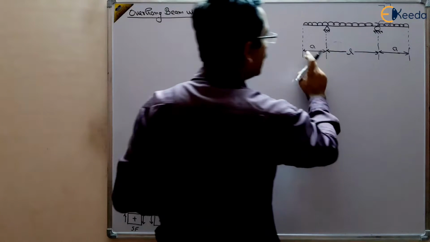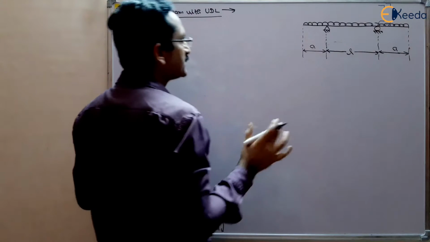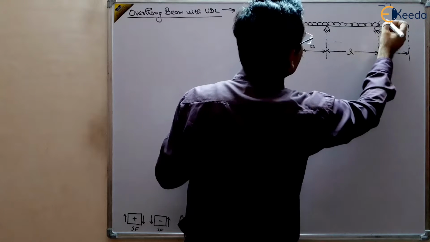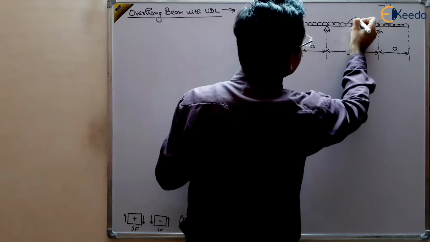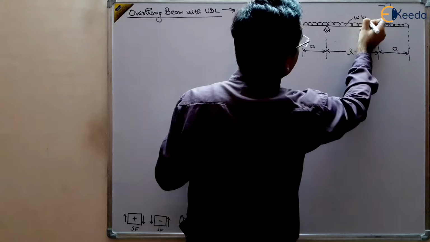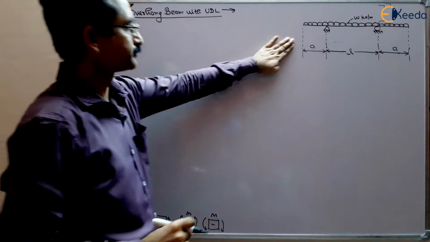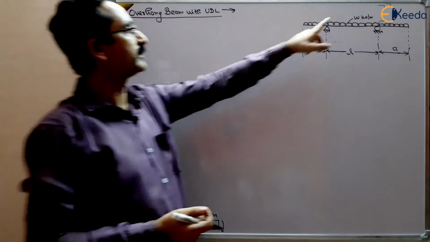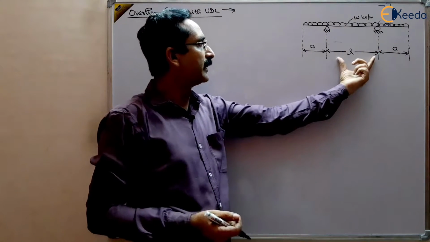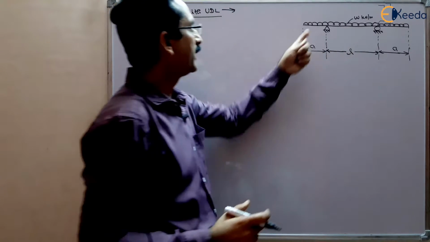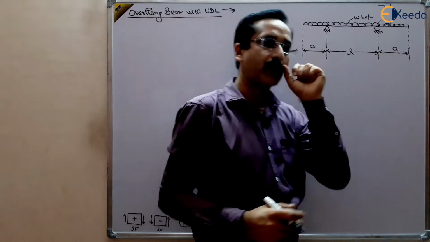So L, A and A, and the intensity of load is W kilonewton per meter. So this is given to us, right? The L length between the supports is given to us, and the A is the overhang part of this beam.